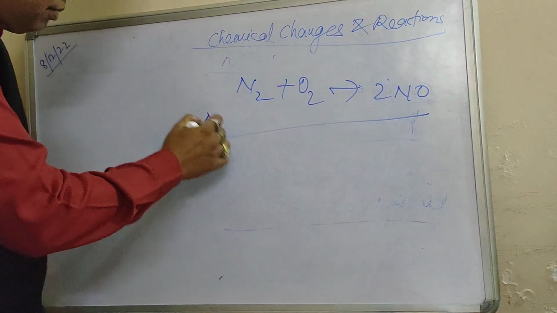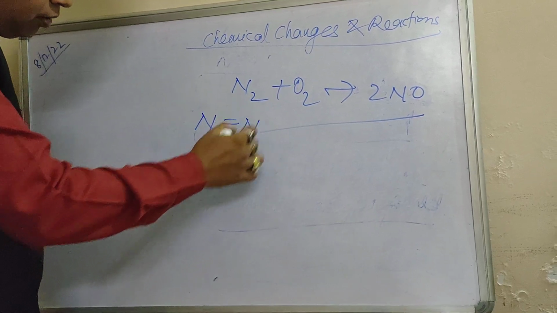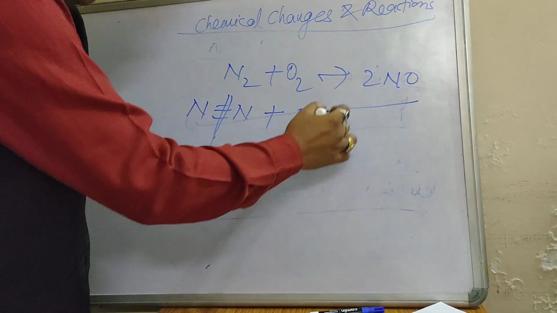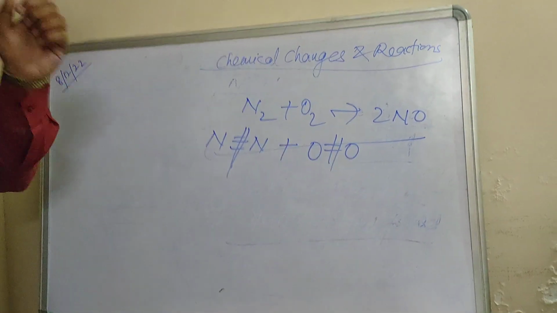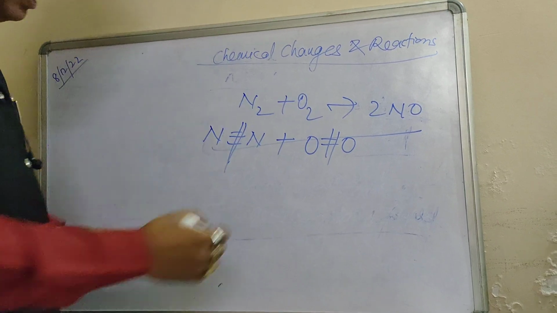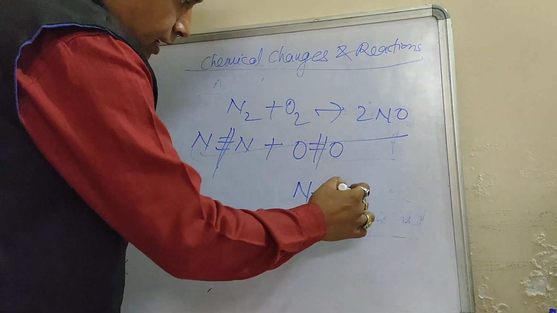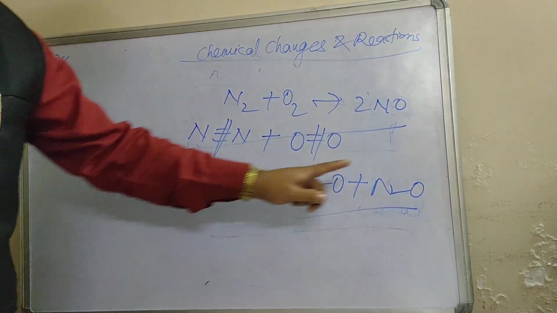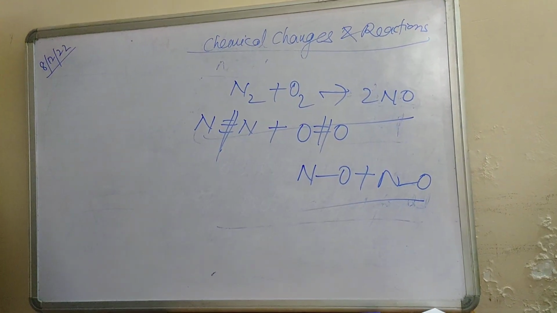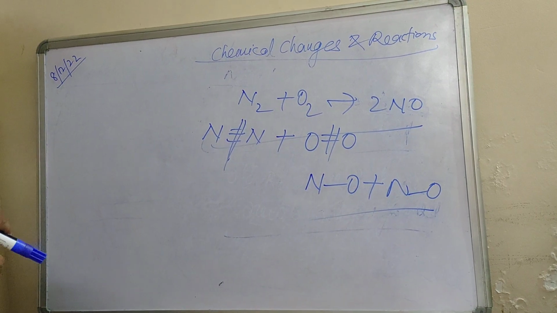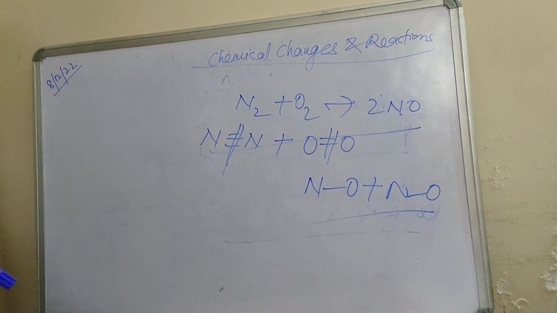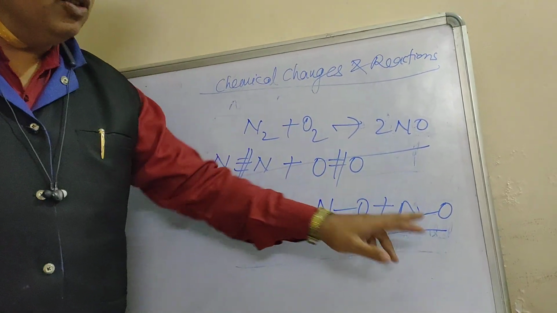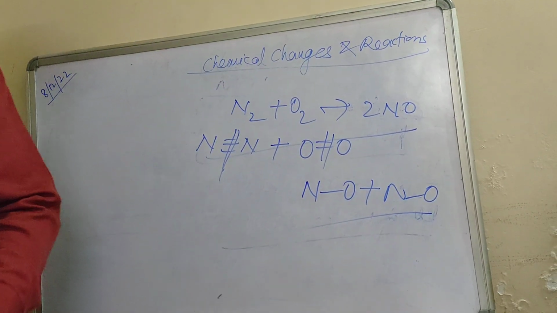We have broken the bonds of nitrogen and the bonds of oxygen, and finally we have developed new bonds, NO plus NO. Clear? This is what you rightly call a chemical reaction, in which the old bonds are broken and new bonds are formed.